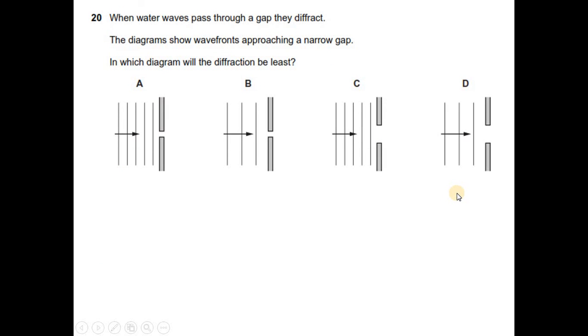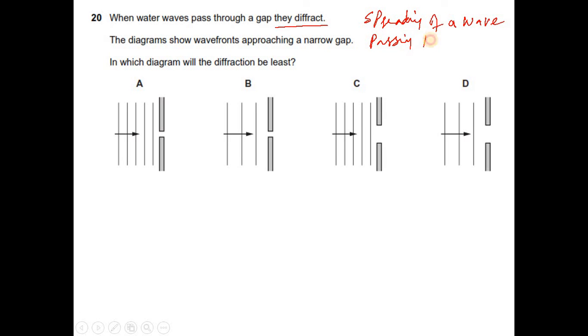Question number 20. When water waves pass through a gap, they diffract. The diagram shows wavefronts approaching a narrow gap. In which diagram will the diffraction be least? Remember, diffraction is the spreading of a wave when passing through a gap.